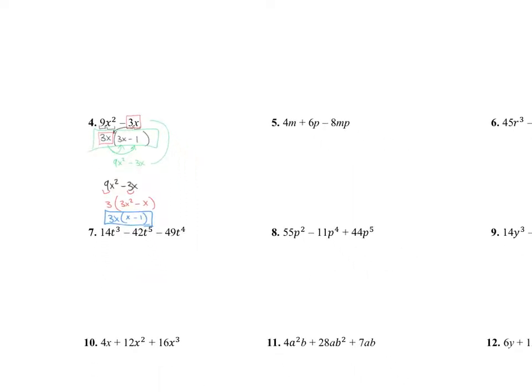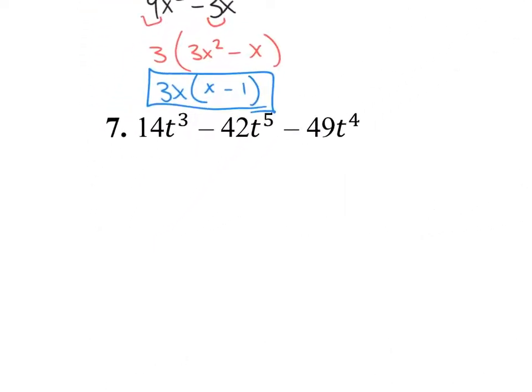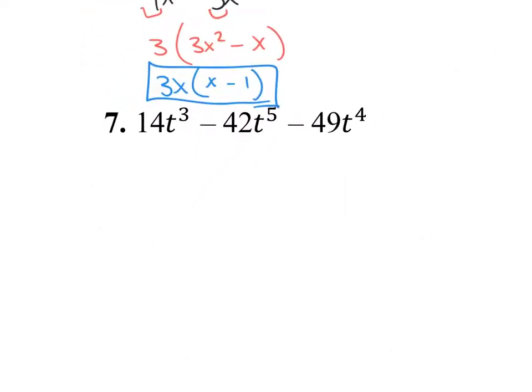So let's check out some that have a little bit of different variety to them. Let's go to number 7. The first thing I'll look for is, what's the number that I can divide all of these by? And the more you do these, the more easily you'll be able to recognize them. All of those underlined terms would be able to be divided by a 7.